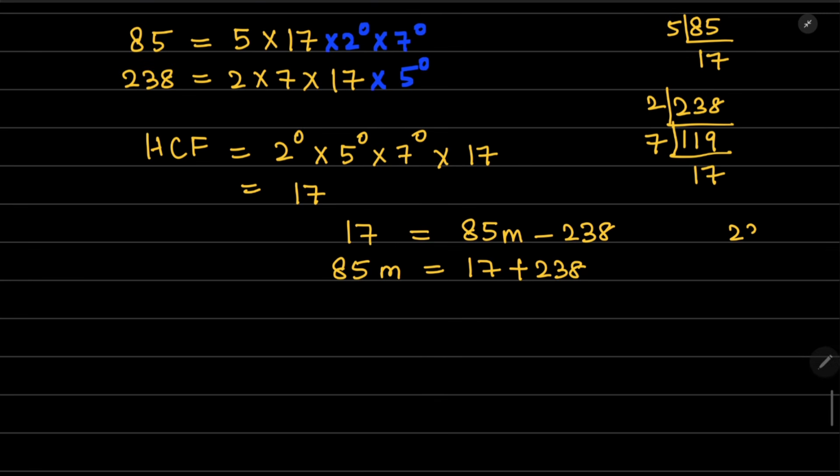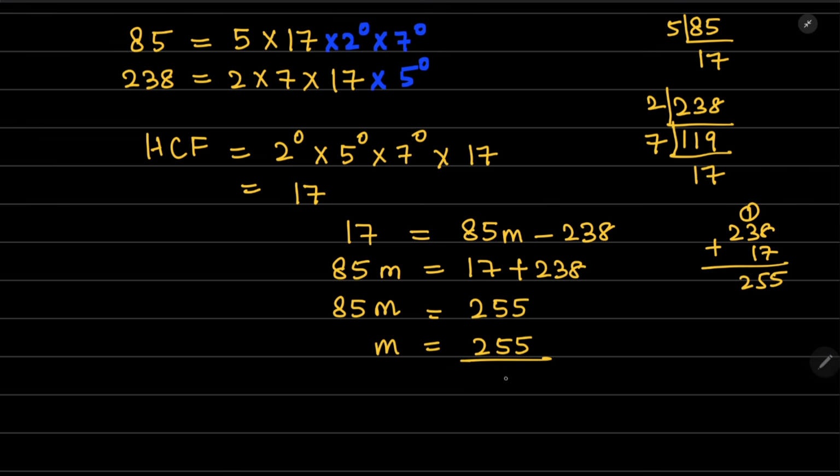What is 238 plus 17? It is 255. Here you have 85m, so m is equal to 255 divided by 85. 85 into 3 is 255. So the value of m that you are getting is 3.